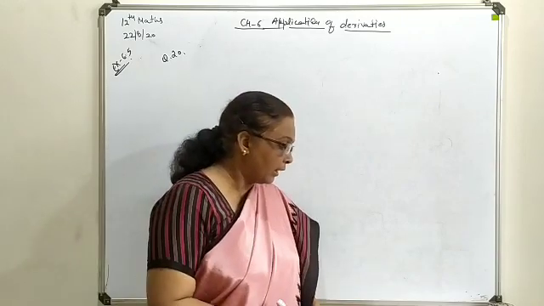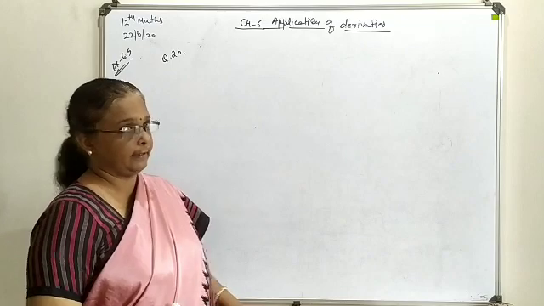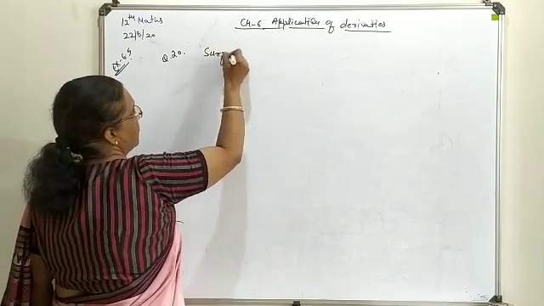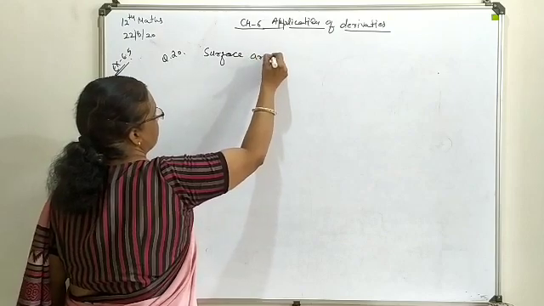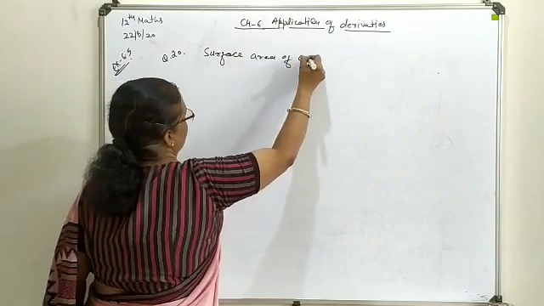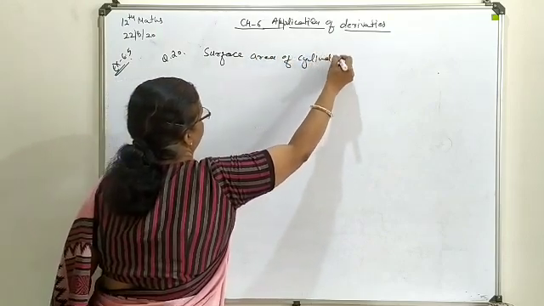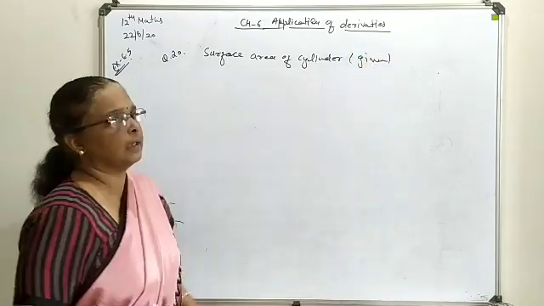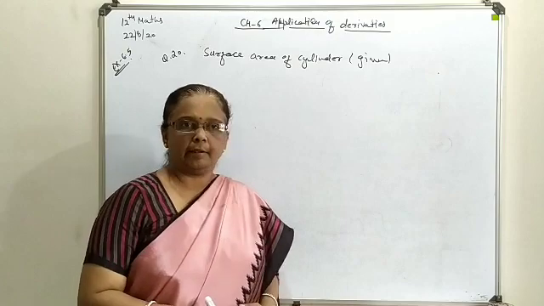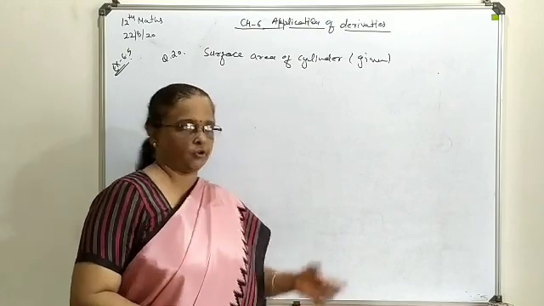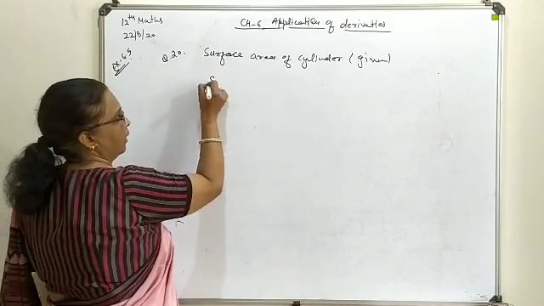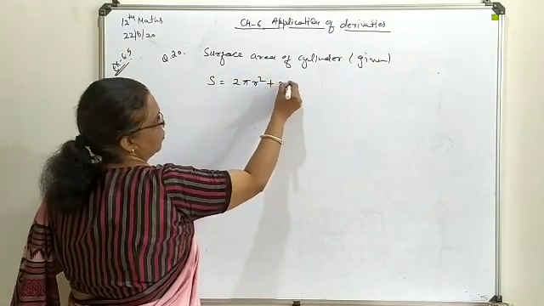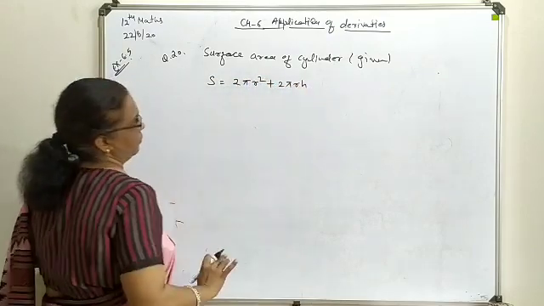So here, given surface area of a cylinder. We suppose a cylinder with radius r and height h. So surface area you can define as 2 pi r square plus 2 pi r h.